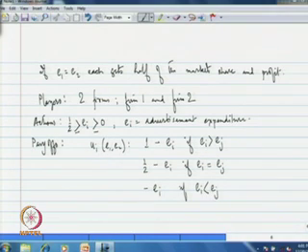Remember, the highest market share that is possible is 1. So, if my advertisement expenditure is more than the other firm's advertisement expenditure, I get the entire market, the highest value of S in that case is 1.